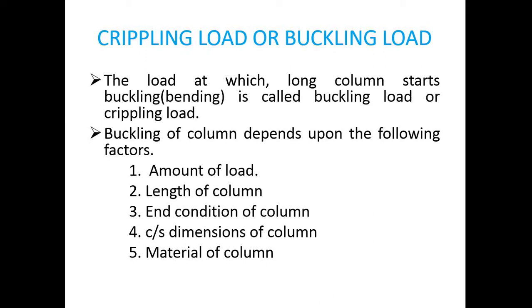Now, what is crippling load? The load at which long columns start buckling or bending is called buckling load or crippling load. Buckling of a column depends upon the following factors: amount of load, length of column, end conditions of column, cross-sectional dimensions of column, and material of column.